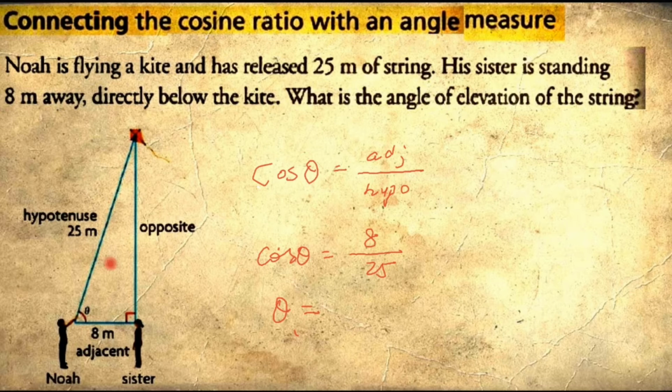Theta equals cosine inverse of 8 over 25. Looking this up on the calculator, it's around 71 degrees. So the angle of elevation of the string is about 71 degrees.